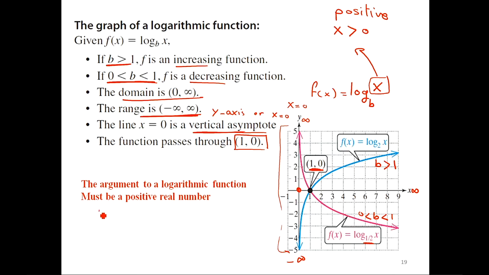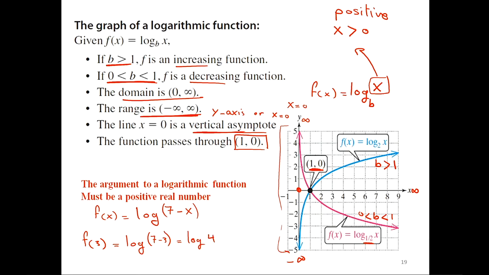So for example, if we have f of x equals logarithm to base 10 of 7 minus x, and we need to find f of 3, this is equal to what? Logarithm of 7 minus 3, so we have logarithm of 4.